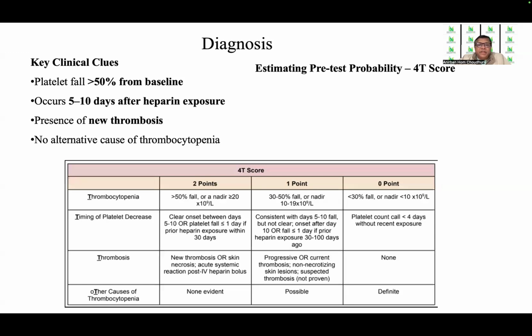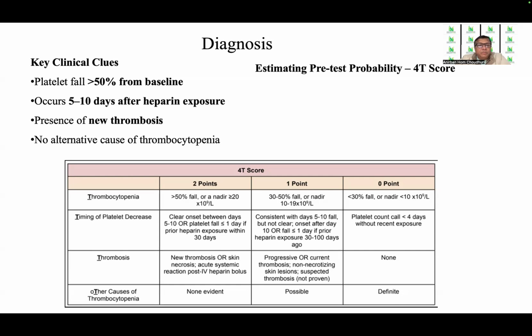As you can see, there are 2 points, 1 point and 0 points. 2 points for thrombocytopenia of more than 50% fall, or a nadir of more than 20 x 10 to the power 9 per liter; a timing of clear onset between days 5 to 10, or platelet fall of less than 1 day if prior heparin exposure within 30 days; thrombosis, that is new thrombosis or skin necrosis, acute systemic reaction post IV heparin bolus; and other causes of thrombocytopenia, none is evident. So all of these carry a score of 2 points each.